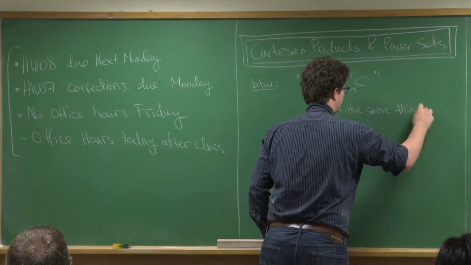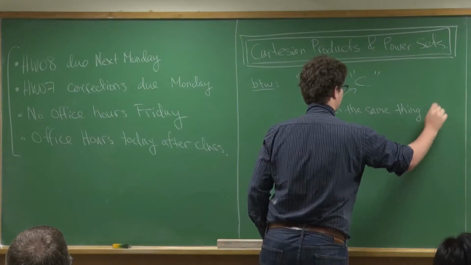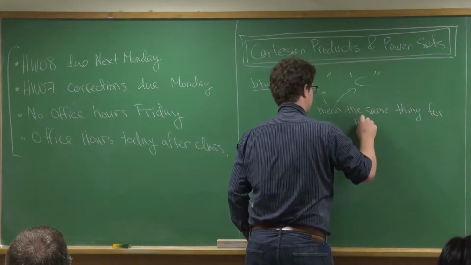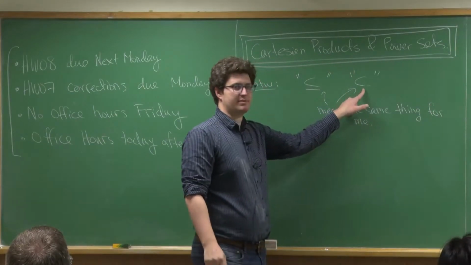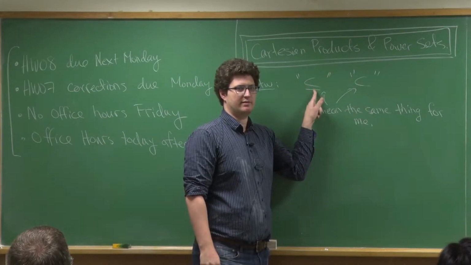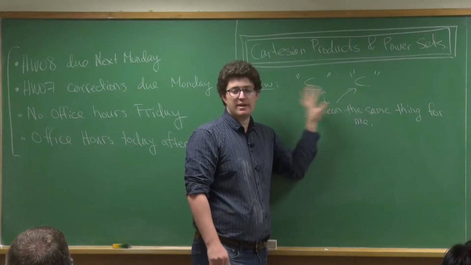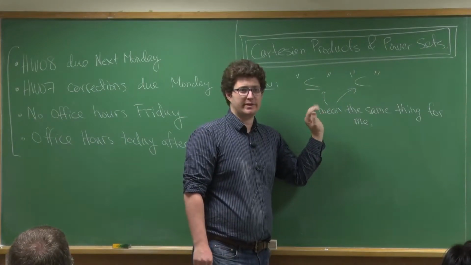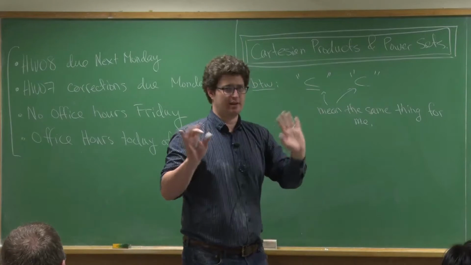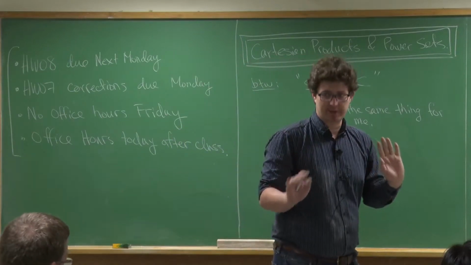But apparently if you take a class with Puck, she wants these to be proper subsets, and these, the two sets can be equal, okay? But for me, they mean the same thing. I just wanted to explain this because sometimes notation from different classes will vary, okay?